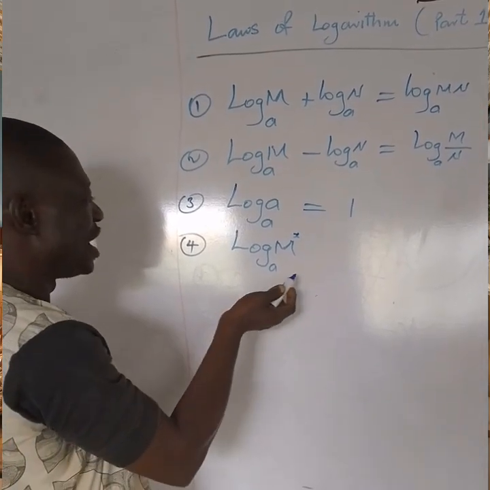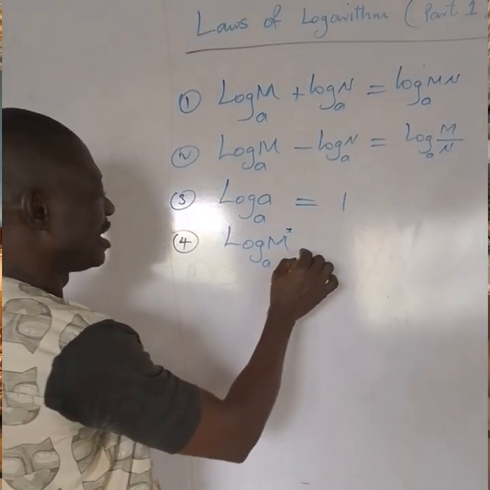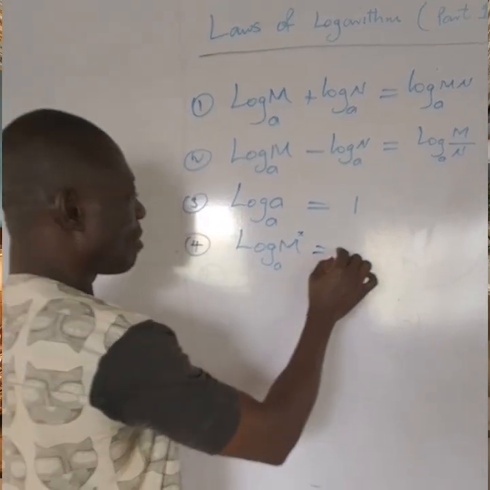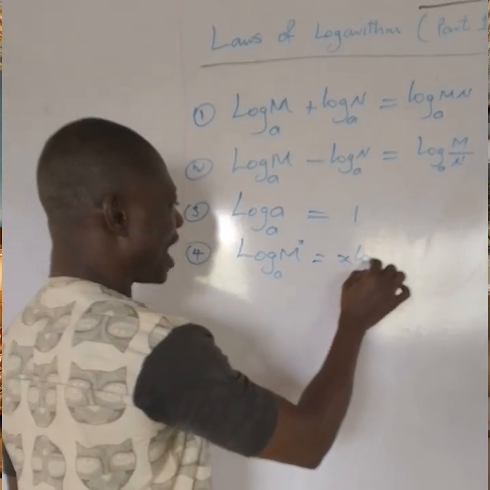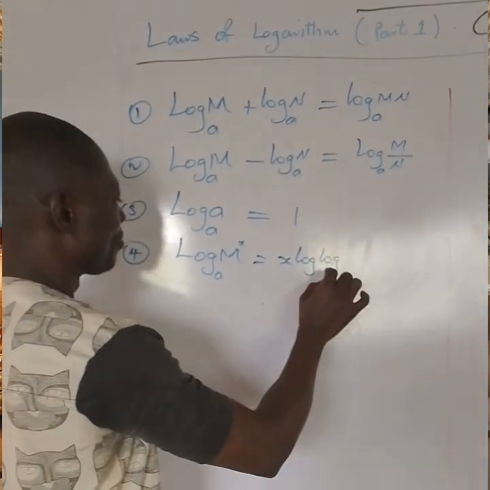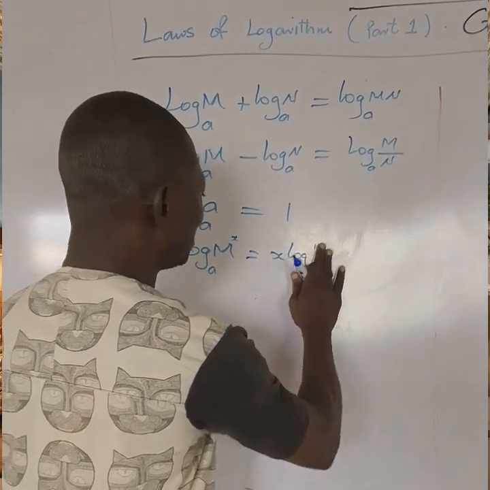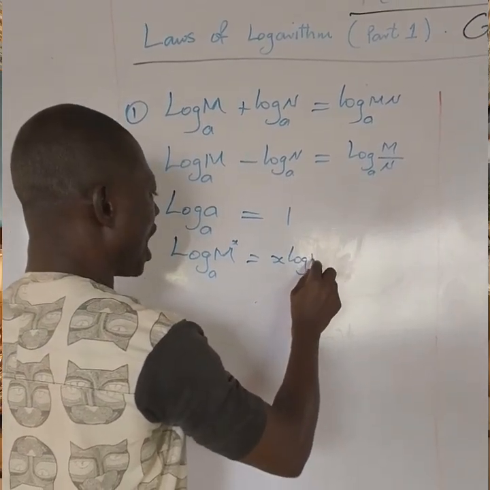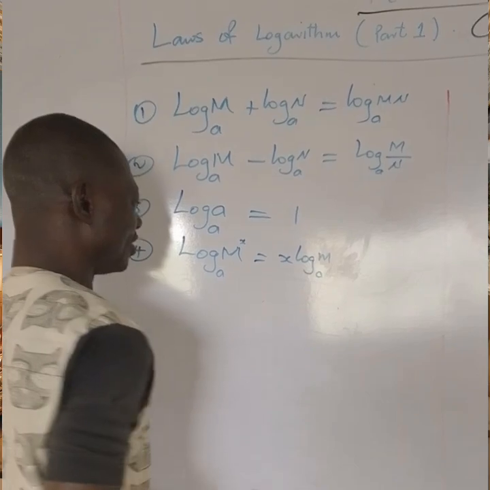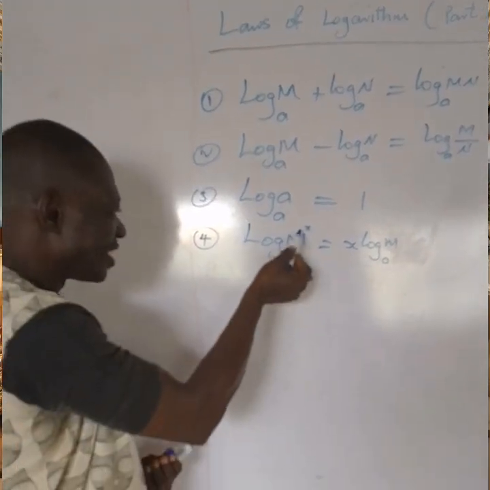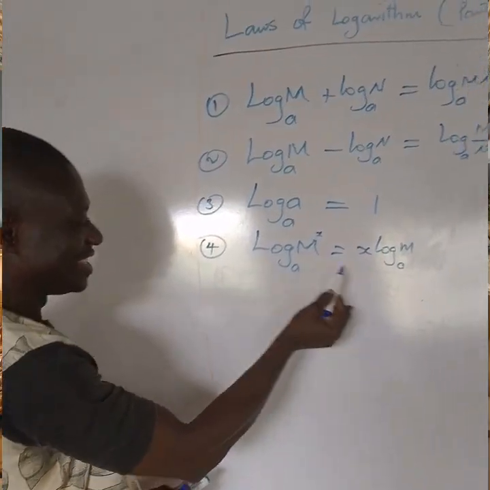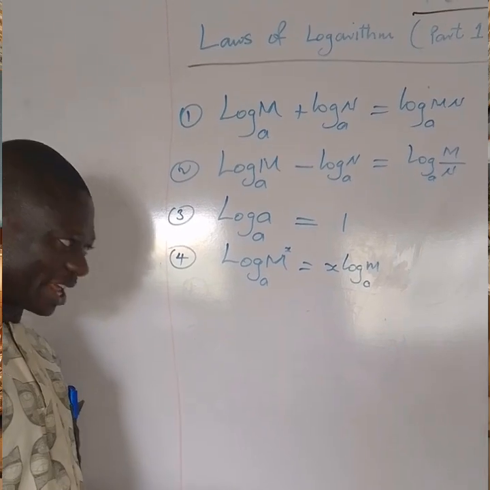The law says you are free to bring the x down here to become something that is multiplying the log m itself. That is x log m in base a. We have only brought x to this place. That means it's not multiplying it.